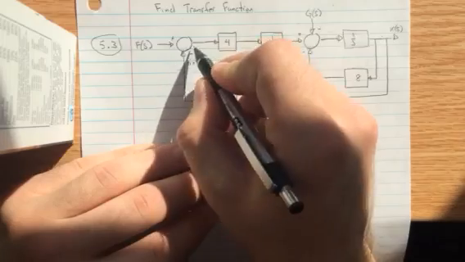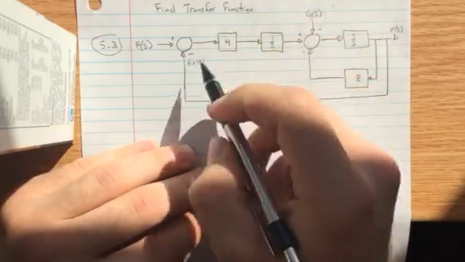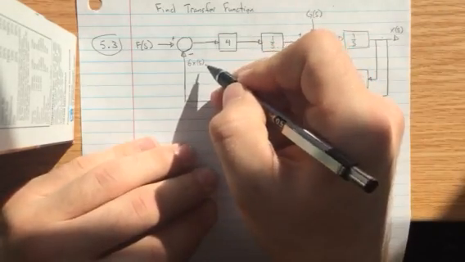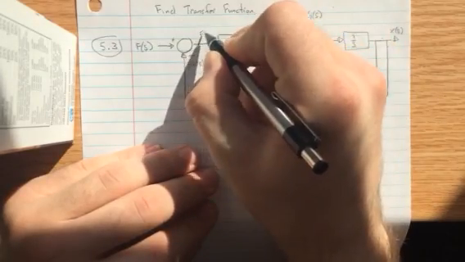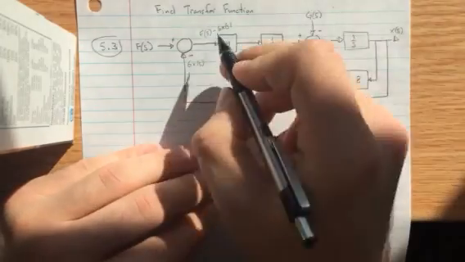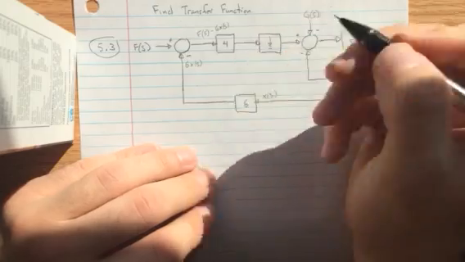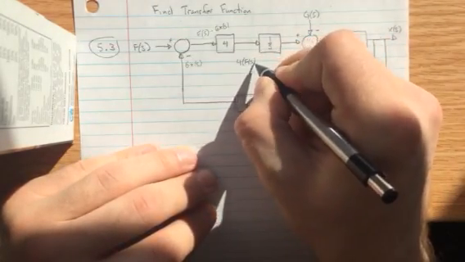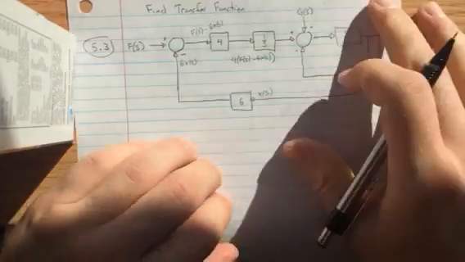And to find then the input to this block, you have the sum of these two, F(s) and negative 6X(s) into this block. So we'll write that here, negative 6X(s). And then going through this block, we just multiply by 4, so the input to this next block is going to be 4 times (F(s) minus 6X(s)), like that.